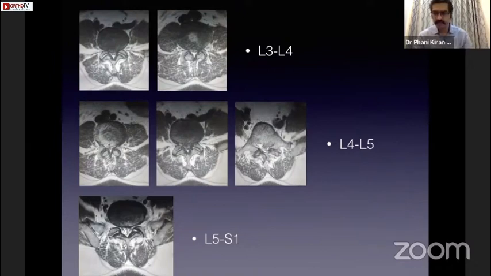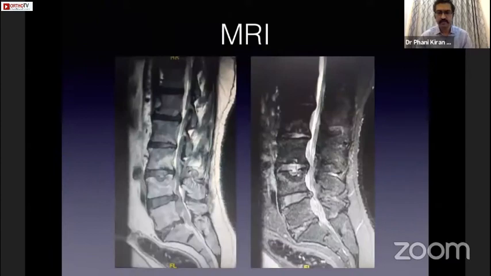That was my main worry. With a central disc, decompression alone could probably lead to some neurological problems. So I wanted to be more safe. And there is a small node there which might be contributing to the back pain significantly. That is the only acute area which we see on the STIR images. So that's the reason I considered fusing both levels.